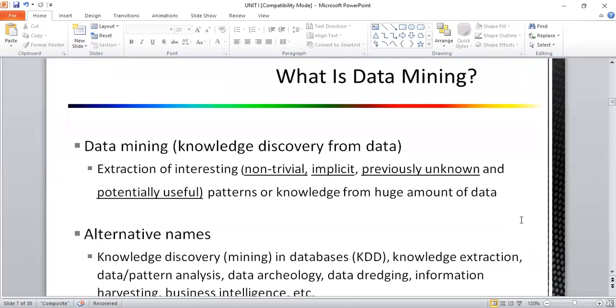Now, what is data mining basically? Before that, data warehouse, as I've told you, I've given you some little idea what a data warehouse is in our first slide. You can imagine a box in which different types of data from different sources, from different places, is available to you at one place. You can imagine that box as one place in which data from different sources and different types of data is available.